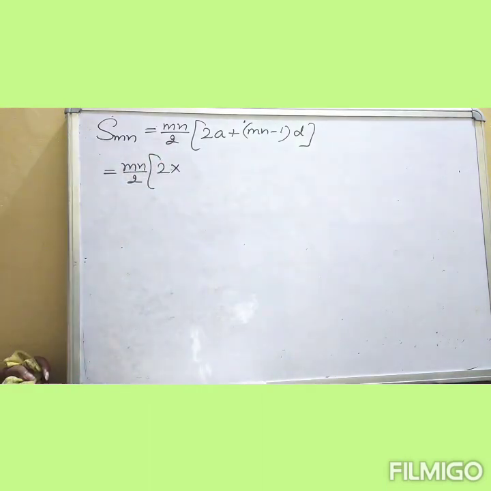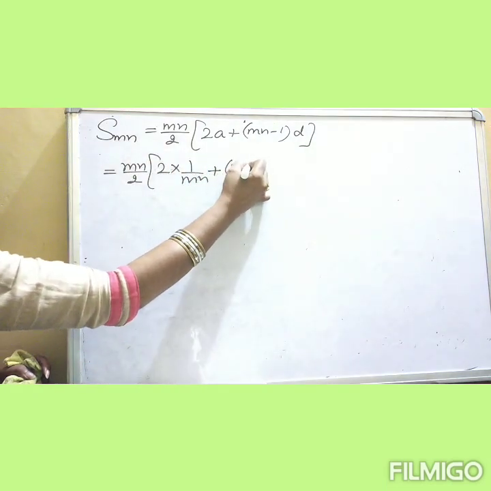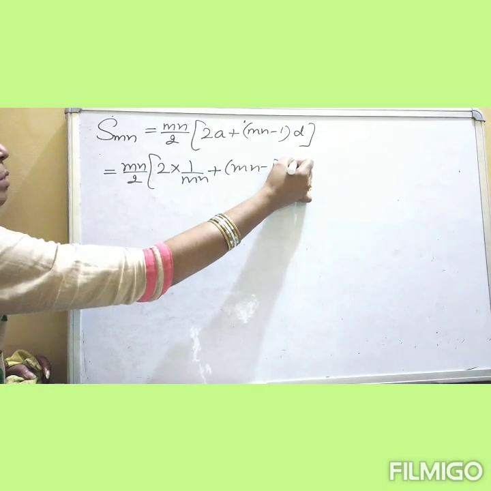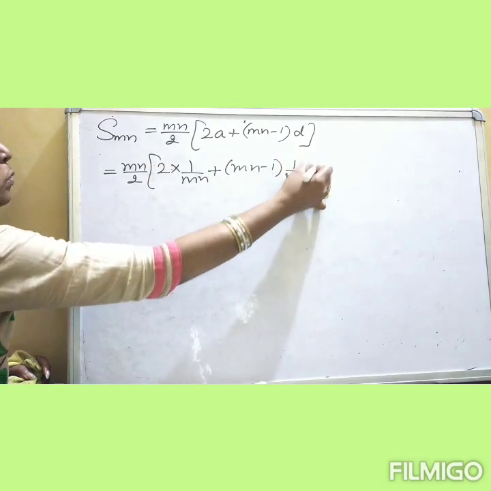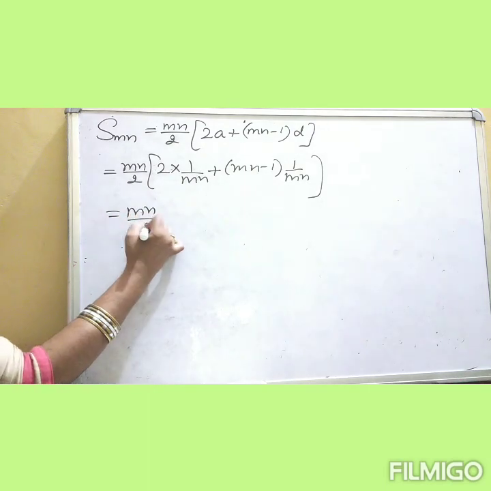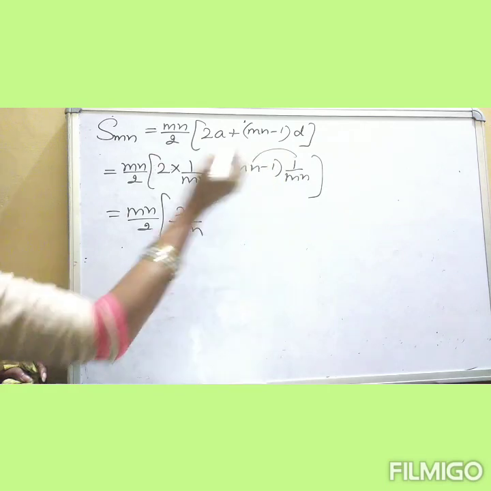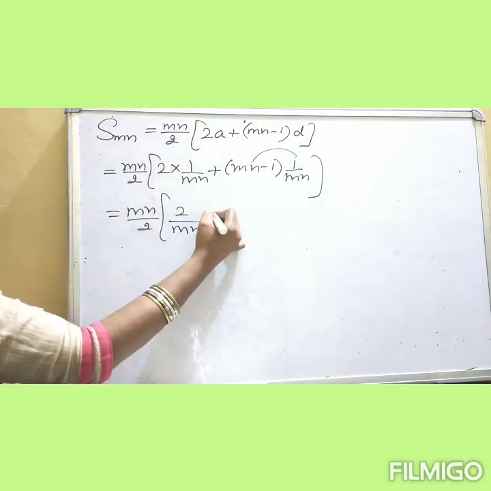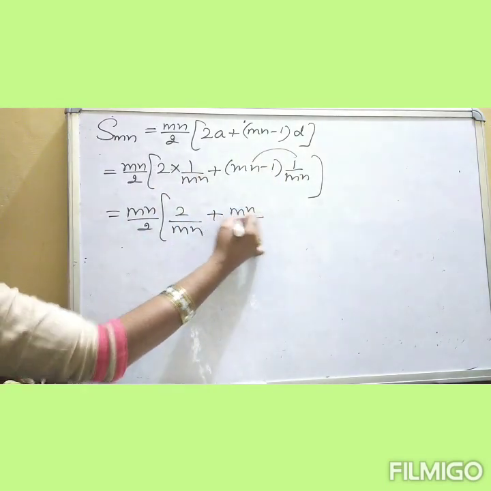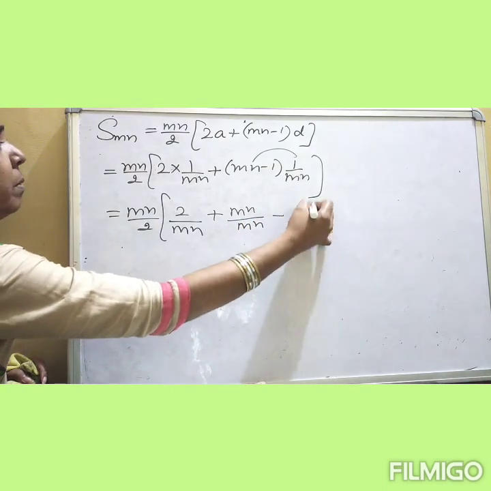The value of a was 1 by mn and the value of d was also 1 by mn. Now mn by 2, multiply inside the bracket: 2 by mn plus mn by mn minus 1 by mn.